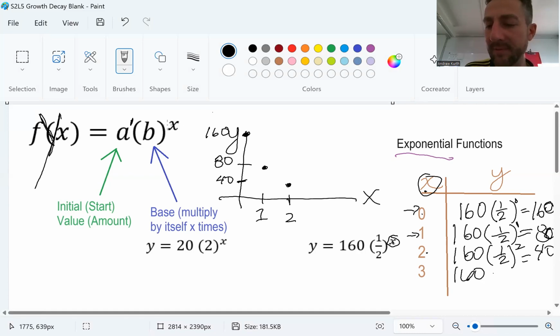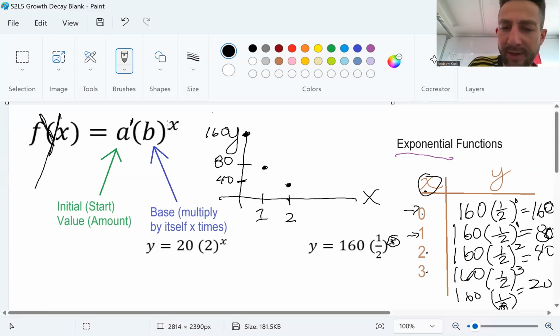Okay, let's go one more. 160 now times 1/2 raised to the third power because now x is 3. 1/2 to the third power equals 1/8. And 1/8 times 160 equals 20. So that's x equal 3, and y now equals 20.